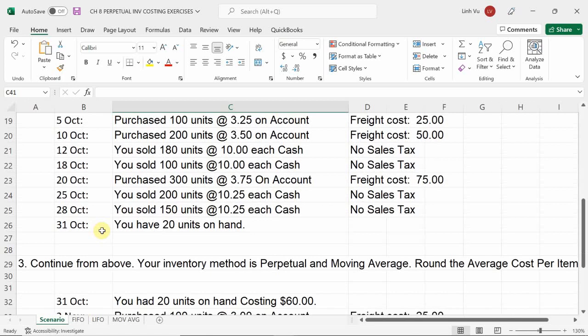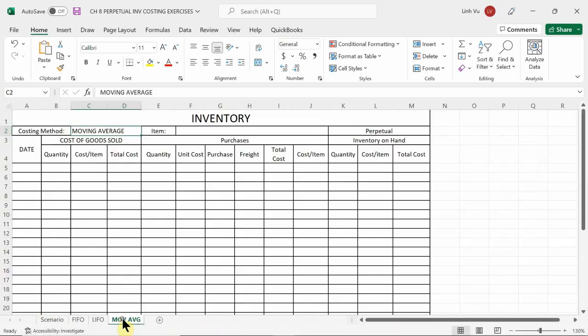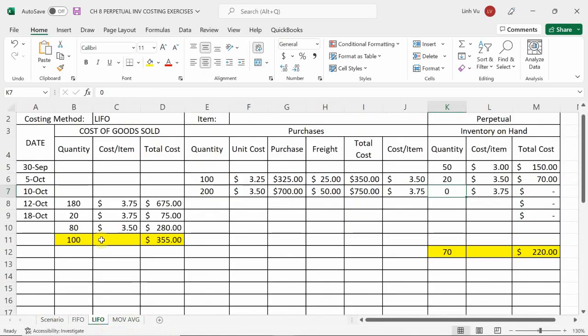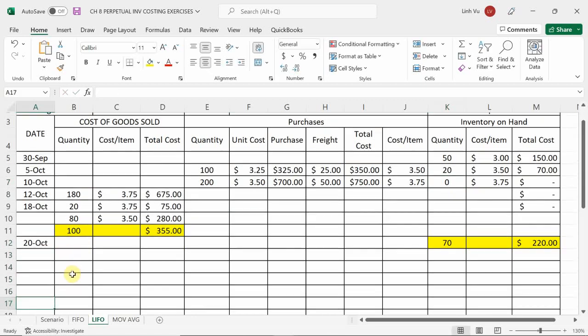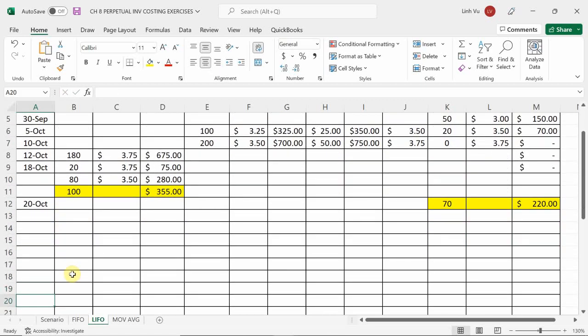Next one, October 20th. We end up purchasing 300 units at $3.75 with a freight of $75.